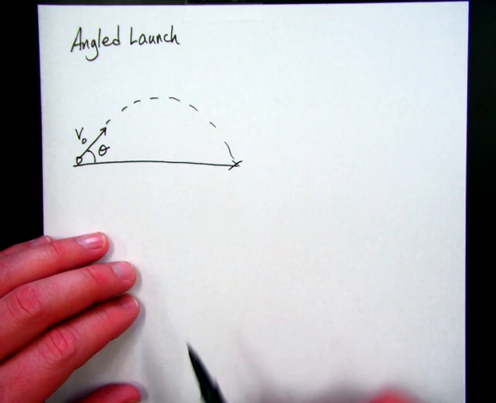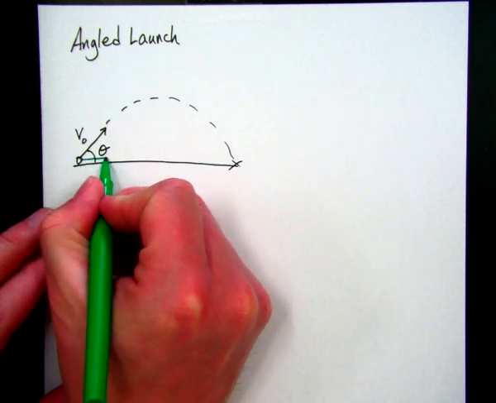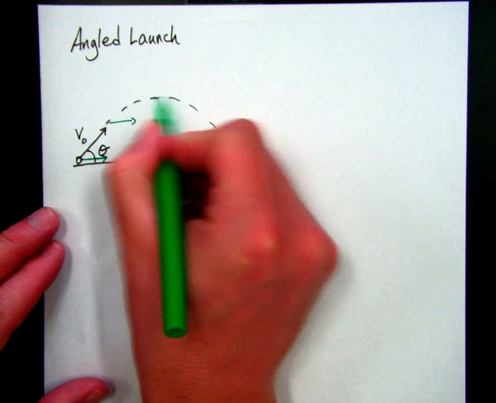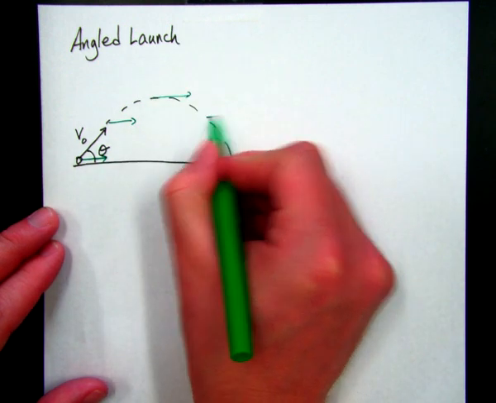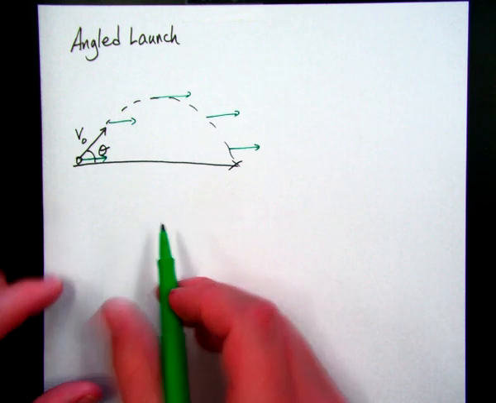It's going to move in a parabolic trajectory, and just like the horizontally launched object, whatever Vx it has at the beginning, it's going to continue to have that same Vx throughout. So throughout its flight, Vx is constant.